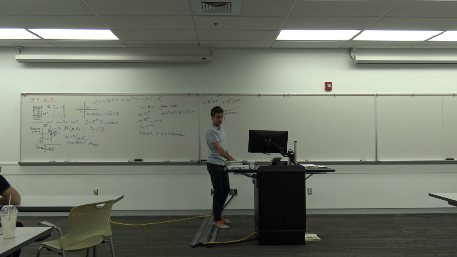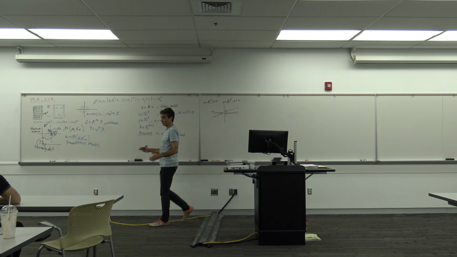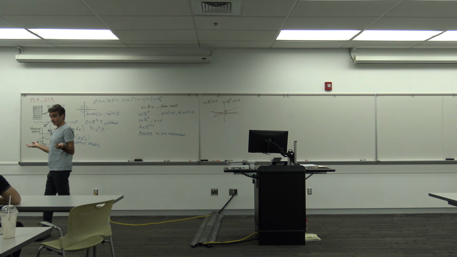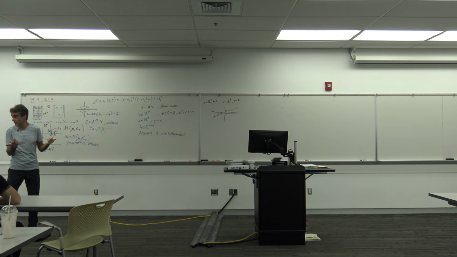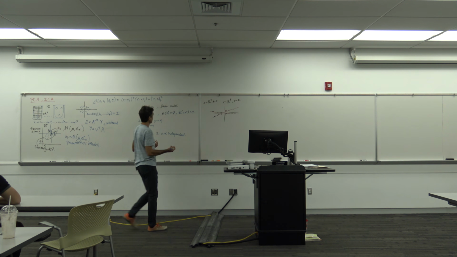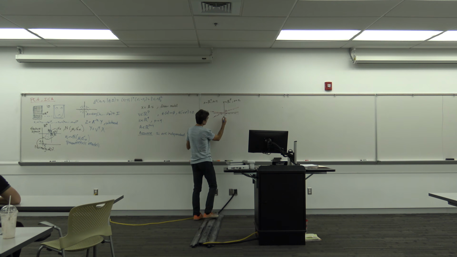Now, let's see. Why not use PCA? I keep saying I cannot solve this with PCA. Really? Let's find out. So what I'm going to do is compute the mean.